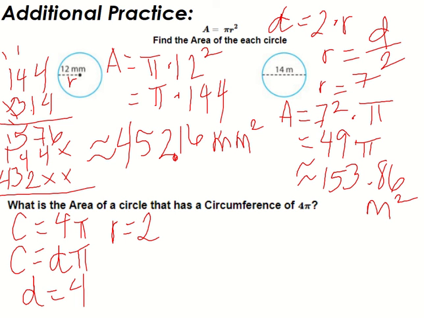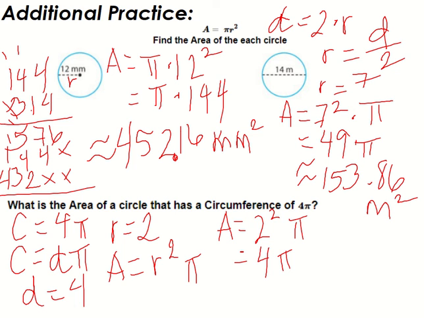Because for area, I have to use the radius, and I can't use the diameter. So now we're going to go area equals 2 squared times pi. So that's 4 pi, interesting enough, comes right back out.